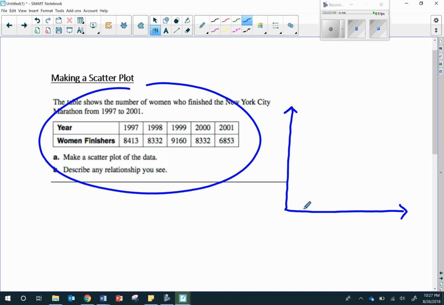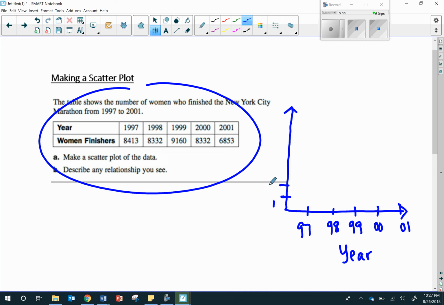Along the bottom, I'm going to place our years. And hopefully your scatter plot on paper would be much neater than mine here, as I'm using a computer pen to draw these. And these are our years. Be sure to include a label along that axis. Going on our y-axis, we are going to have the number of women finishers, and I'm simply going to start this off at 1,000.